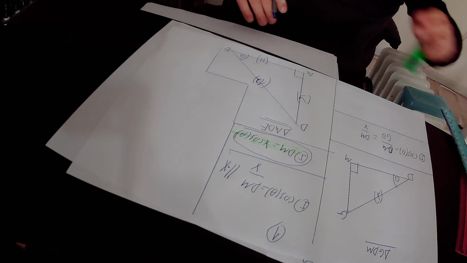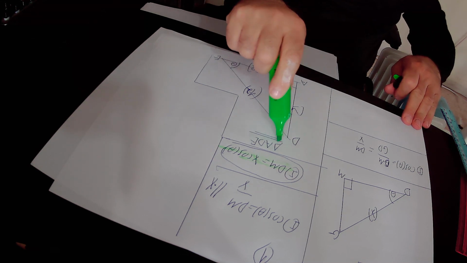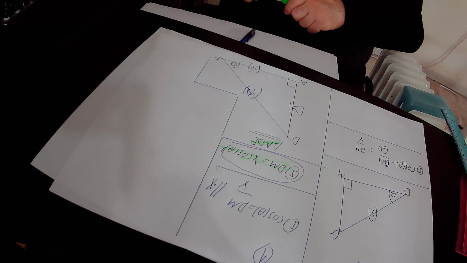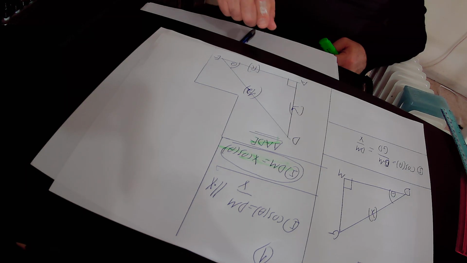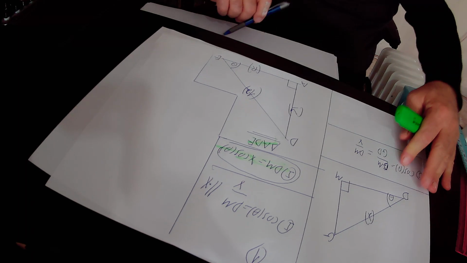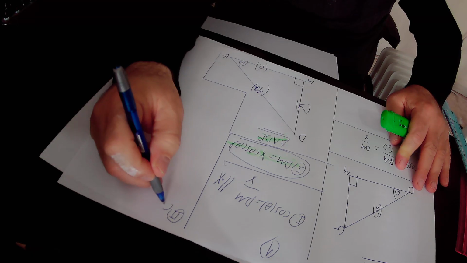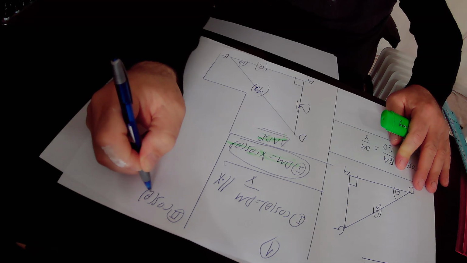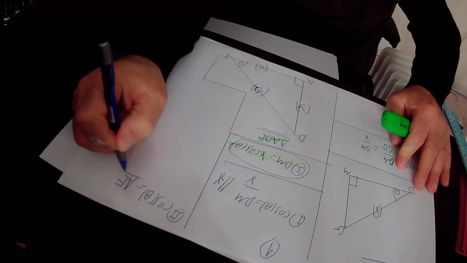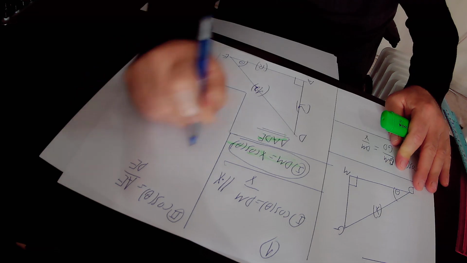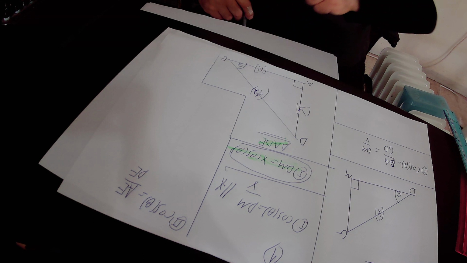So actually, this is the right triangle ADE as I call it from the original drawing. In this right triangle ADE, it is very easy to see from the drawing that cosine theta equals AE over DE. Again, in this right triangle ADE, cosine theta equals AE over DE.